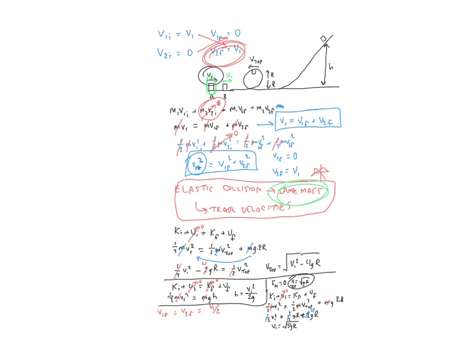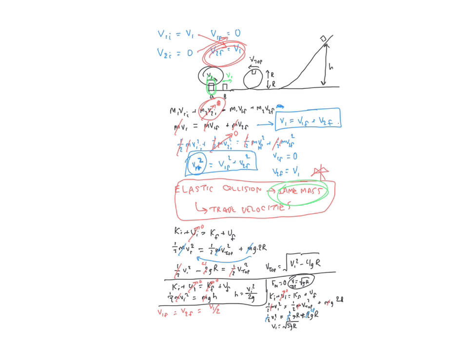So in part 2, we're going to use proportional reasoning on this equation because we want to figure out what is the speed v top at the top of the loop if object B is moving at this speed, v1 over 2. So if I replace this v1 with a v1 over 2, that 2 in the denominator is going to get squared, which gives you a 4 in the denominator.